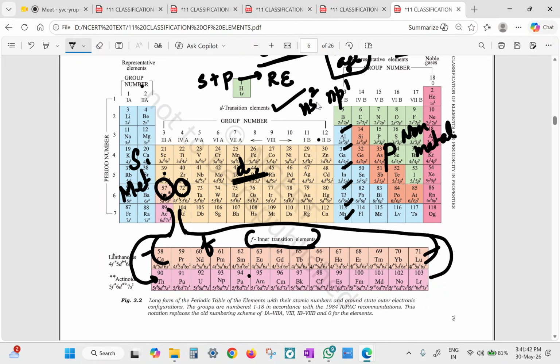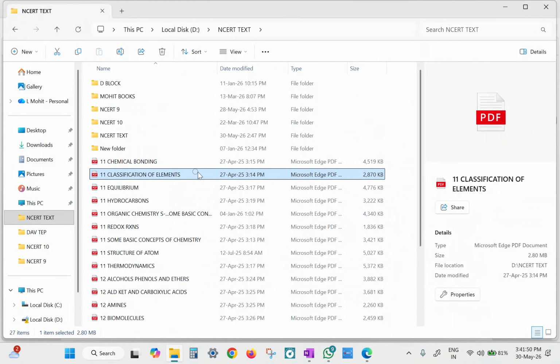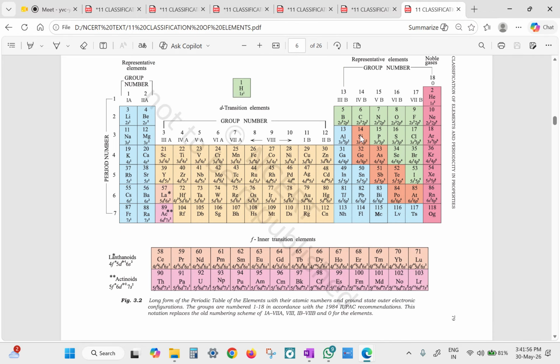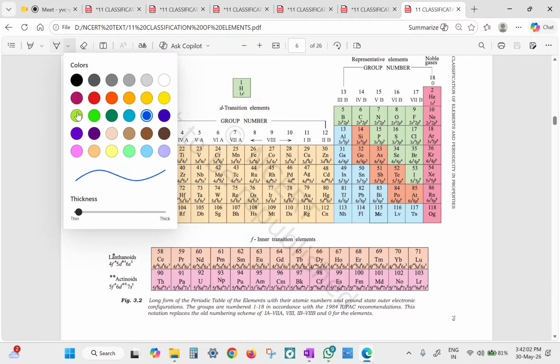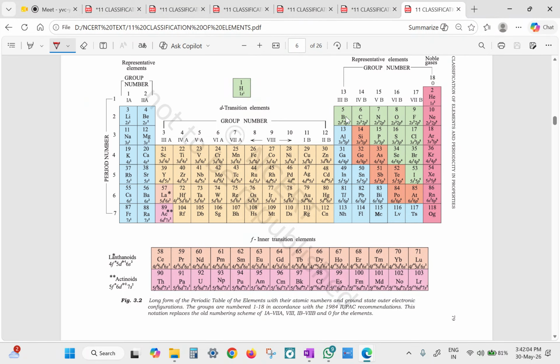Okay. Similarly, for group 14, what can you say? ns2 np2.